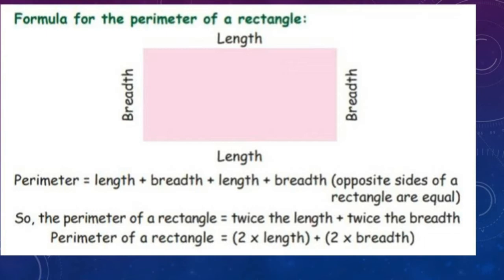So the formula for the perimeter of a rectangle is 2 into length plus 2 into breadth. This is a very important formula.